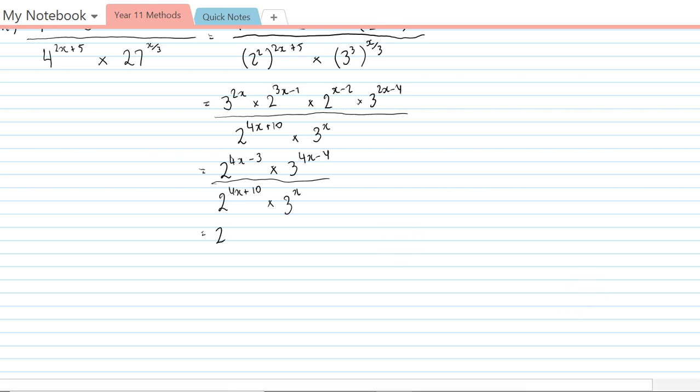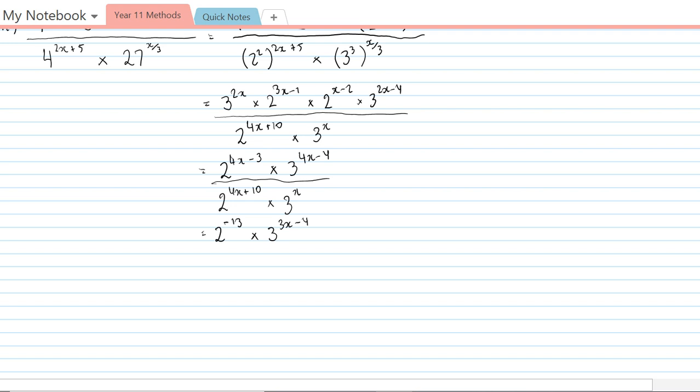So we get 2 to the power of negative 13. And then that's multiplied by 3 to the power of 4x take 4 divided by 3 to the x. We're just going to subtract that, leaving us with 3x take 4.